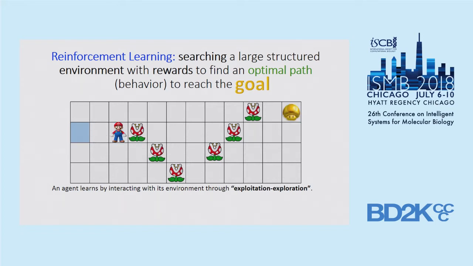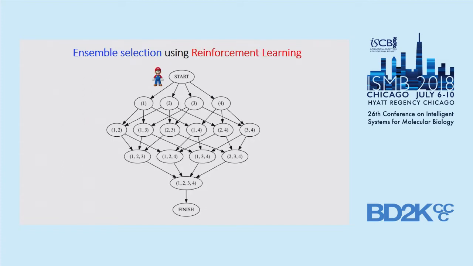So how do we do ensemble selection using reinforcement learning? Well, we still have a structured environment. We still have our agent, which is the ensemble selection algorithm in this case, and it's left to traverse this lattice. This lattice is made up of all the possible ensembles that one can create from predictive models, right? So in this case, for example, we have 4 predictive models. What is the best way to combine them?